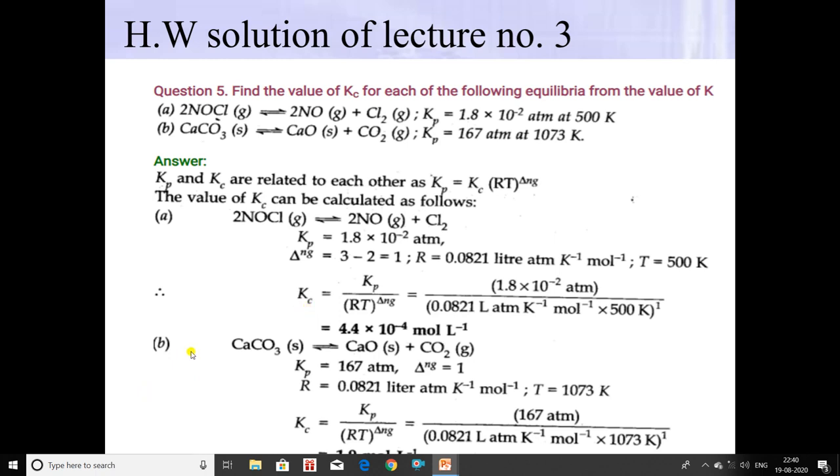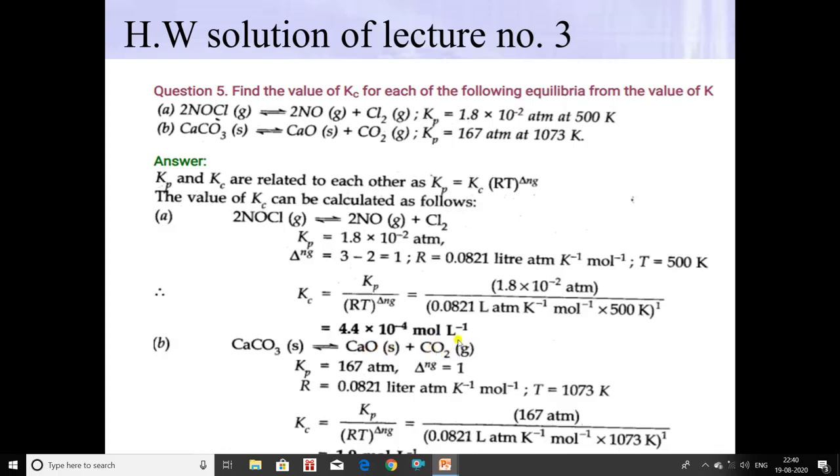In the second part, in the same way, first you will write down the formula of the relation between Kc and Kp. After that you will find out the value of delta Ng. Delta Ng is equal to 1, because here the total number of moles of product is equal to 1, because calcium oxide is in solid state, so we will not consider it. Okay, because its concentration is constant.